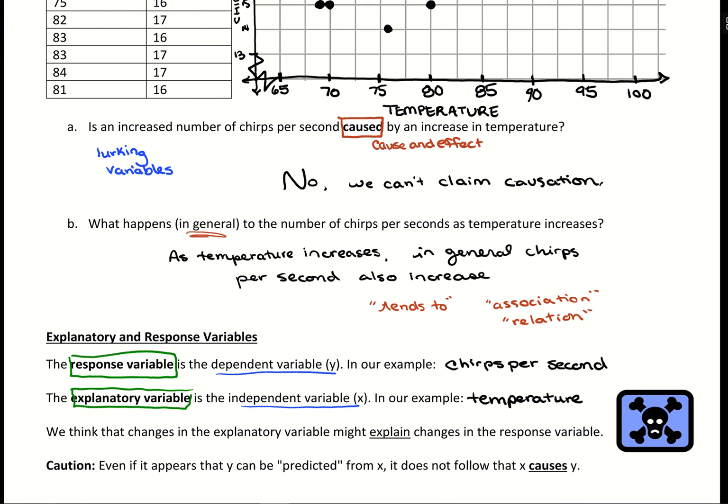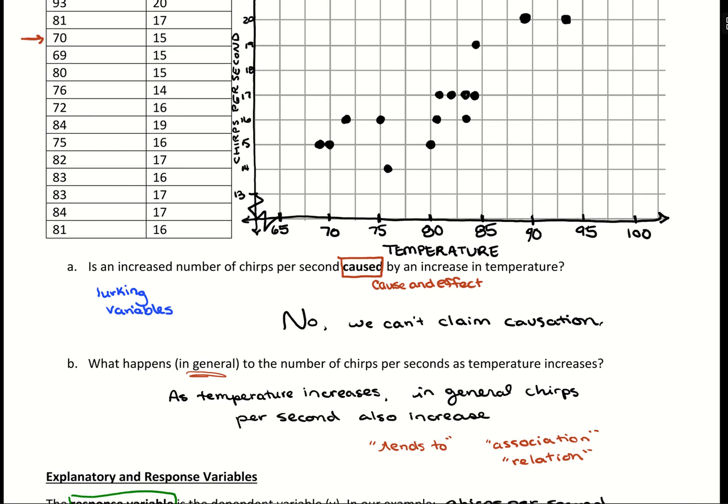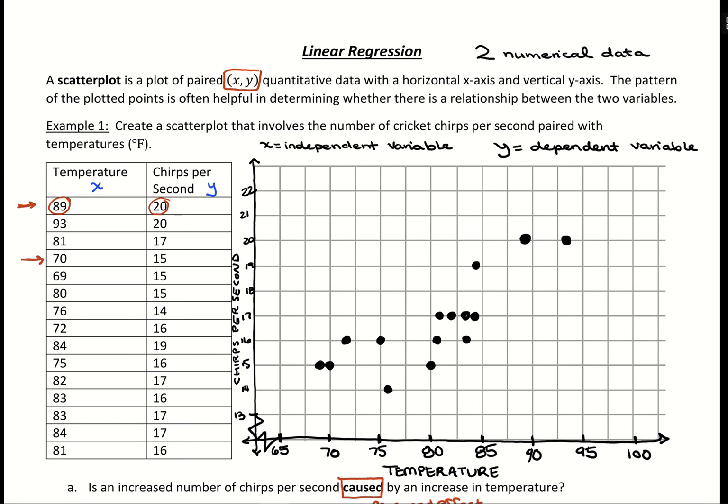So with that, let's see, our last piece. You can kind of use this wording to help figure out with any data set which is your explanatory, which is your response. Like with our data set, or I kind of described independence and dependence, we could also think about, does temperature respond to chirps per second, or does chirps per second respond to temperature?